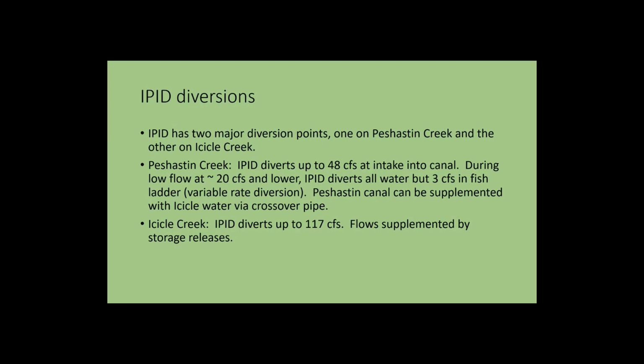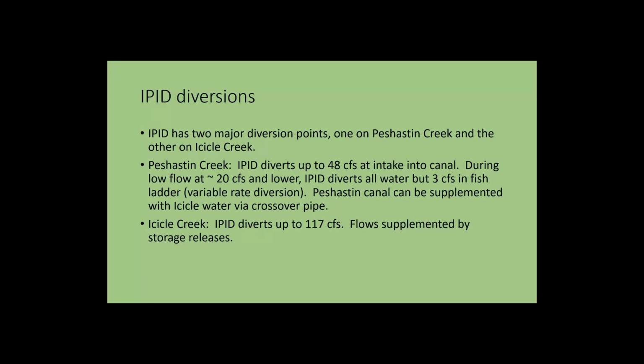Similar to the Clear Creek conversation, during low flow they can't get all of that 48. There may be something on the order of 20 CFS, which is a typical flow that we see in Peshastin Creek.